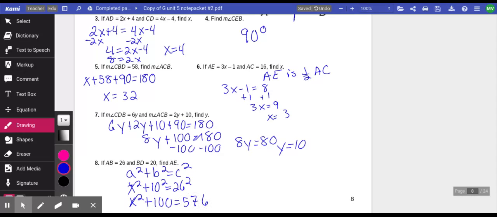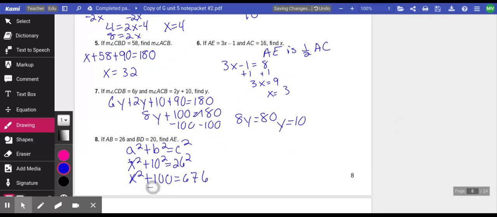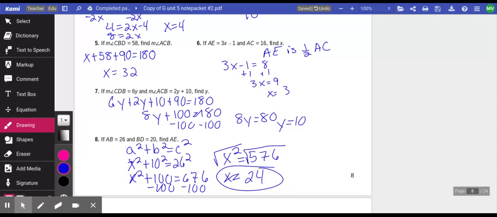That's what 26 squared is. I subtract 100 from both sides, so x squared equals 576. I then take the square root of both sides, and x equals 24. So AE is 24.